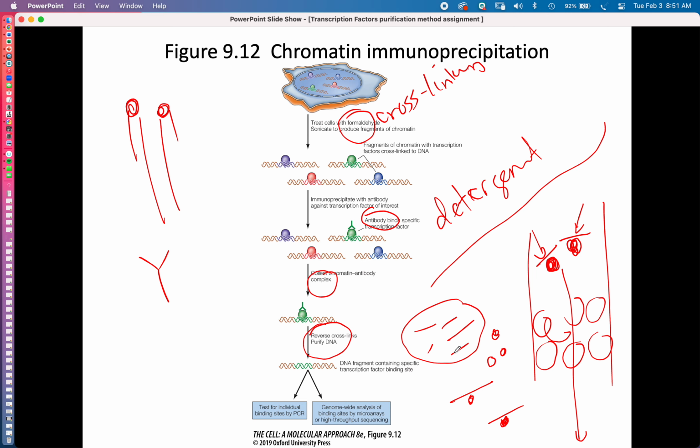What we have here is a bunch of DNA, and it's drawn up here. We have all the target genes. And that's what the ChIP assay is used for. It's used to identify all the target genes of a transcription factor.